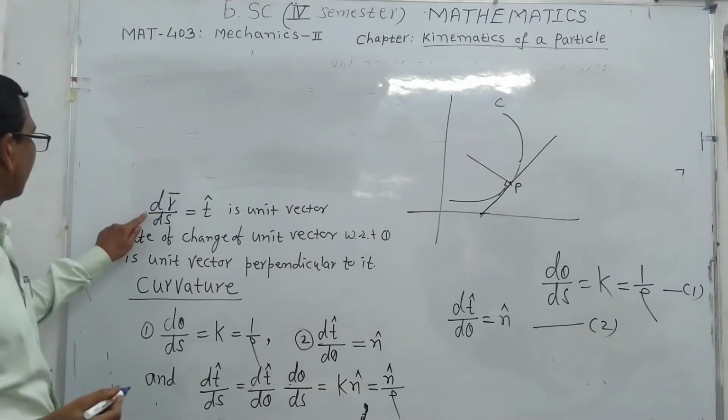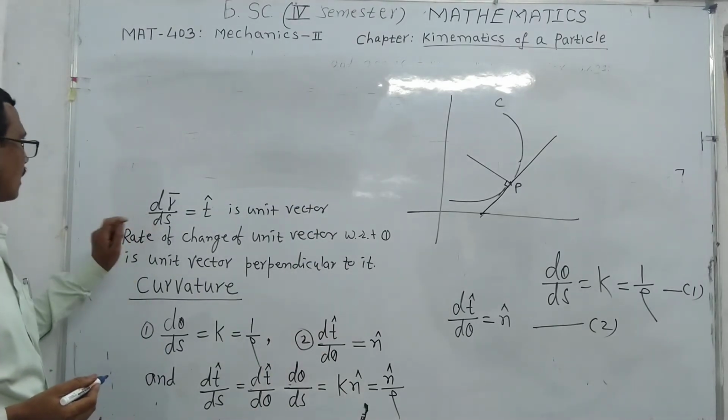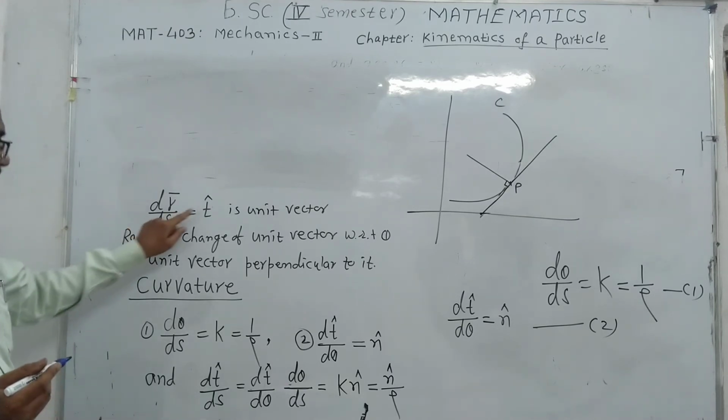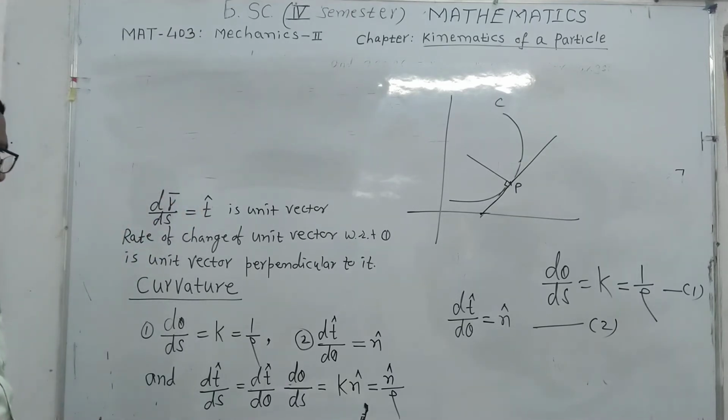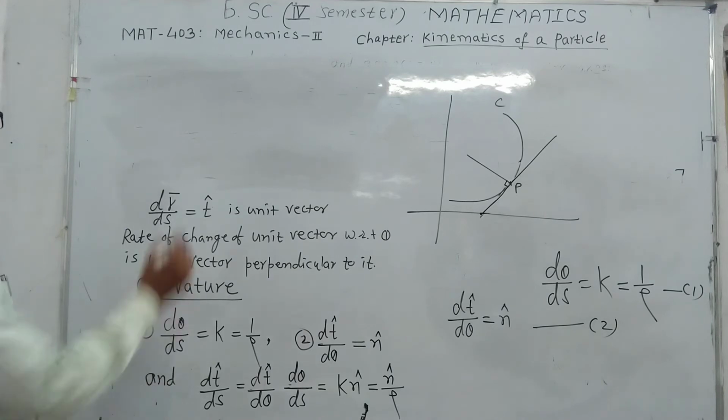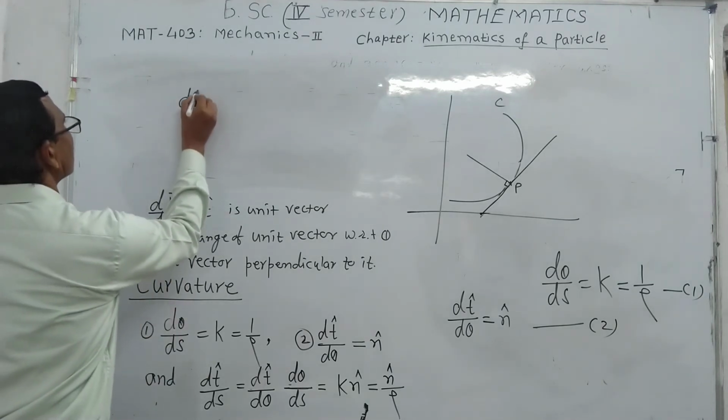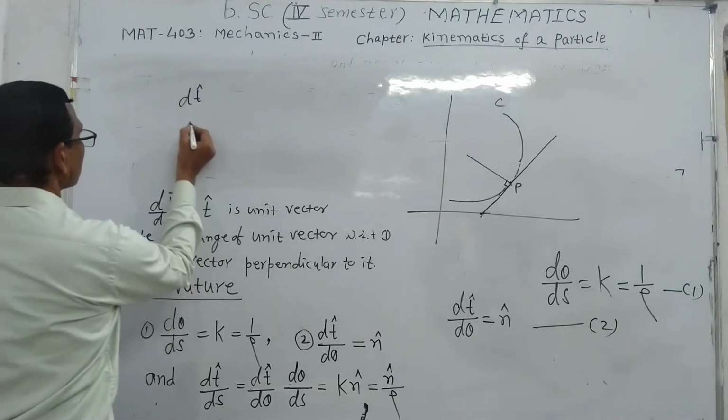What we have is dr by ds equal to t cap. Now what is d t cap by ds?